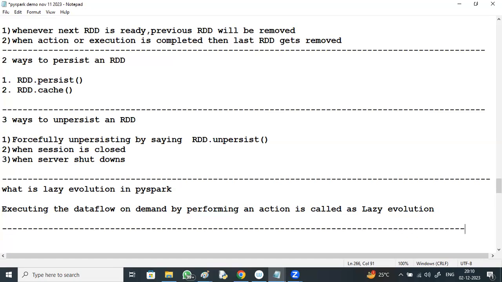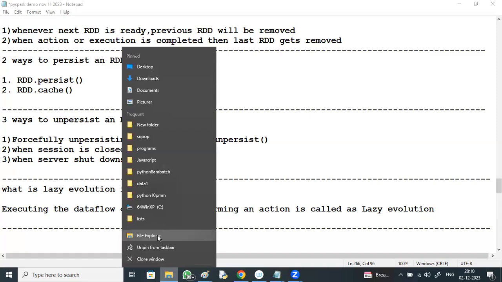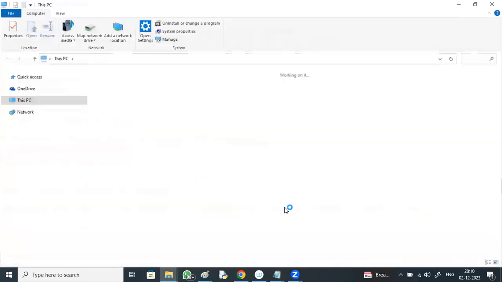So here you will get many queries, right? In this RDD computation. I'll be forwarding you all these notes, whatever diagrams I have drawn in Paint. Will you be keeping the notes in the drive?